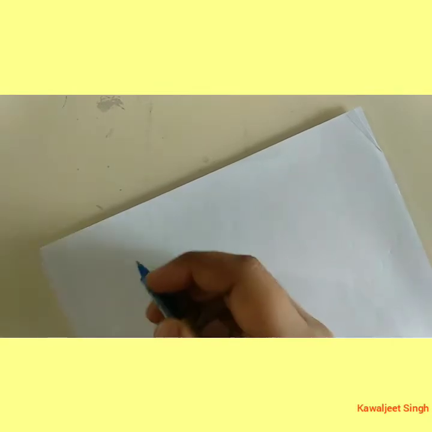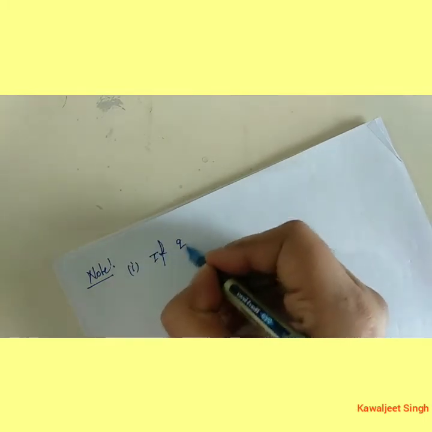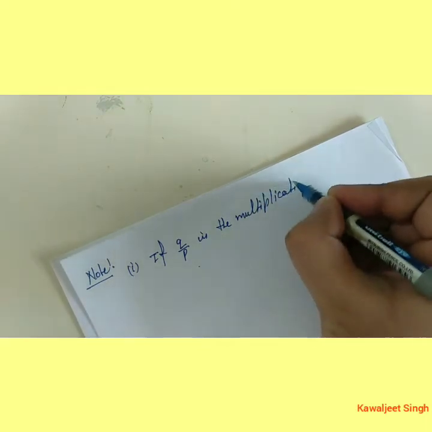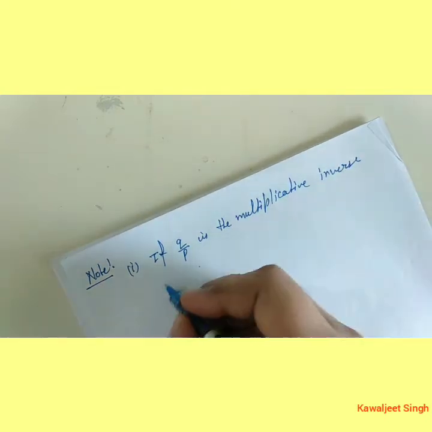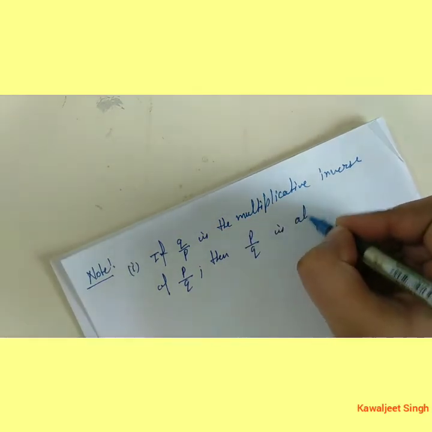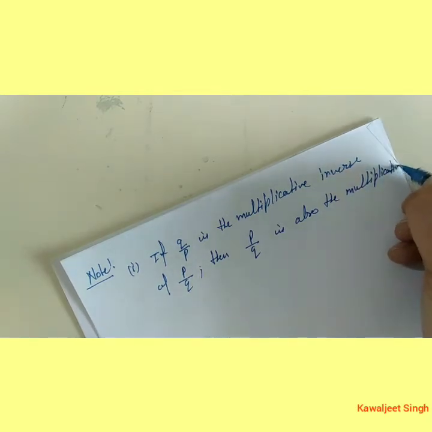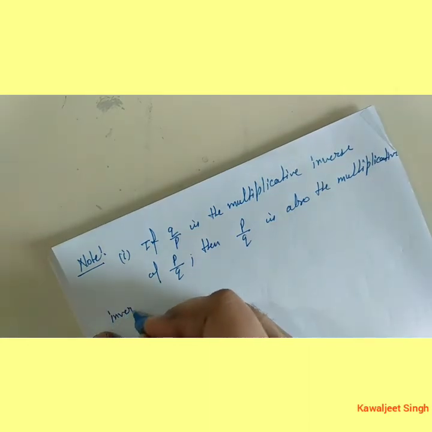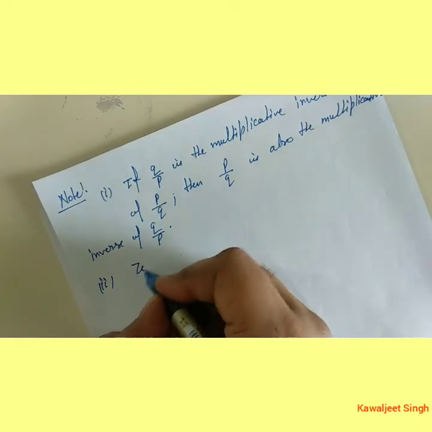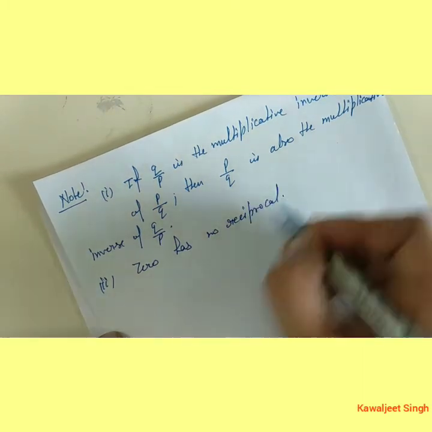So on the basis of that, keep some notes in your mind. First note: if Q by P is the multiplicative inverse of P by Q, then P by Q is also the multiplicative inverse of Q by P. The second point, 0 has no reciprocal.